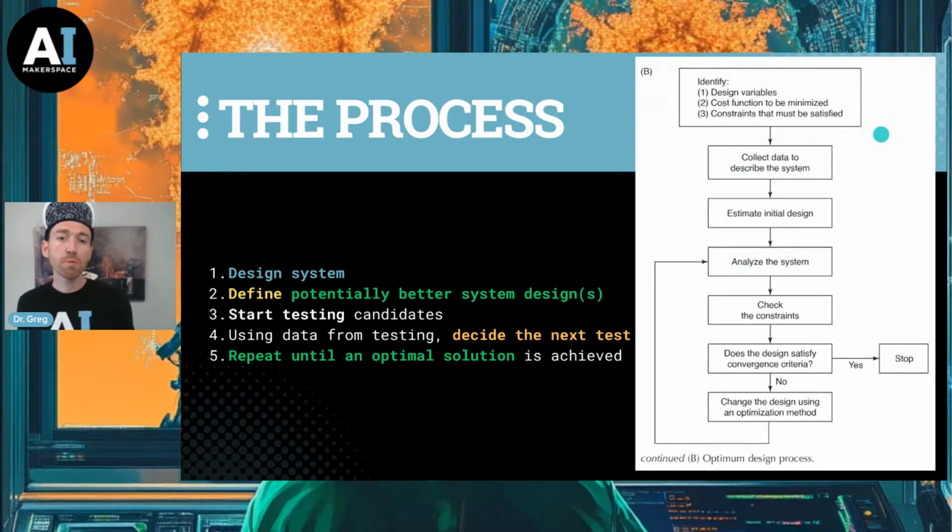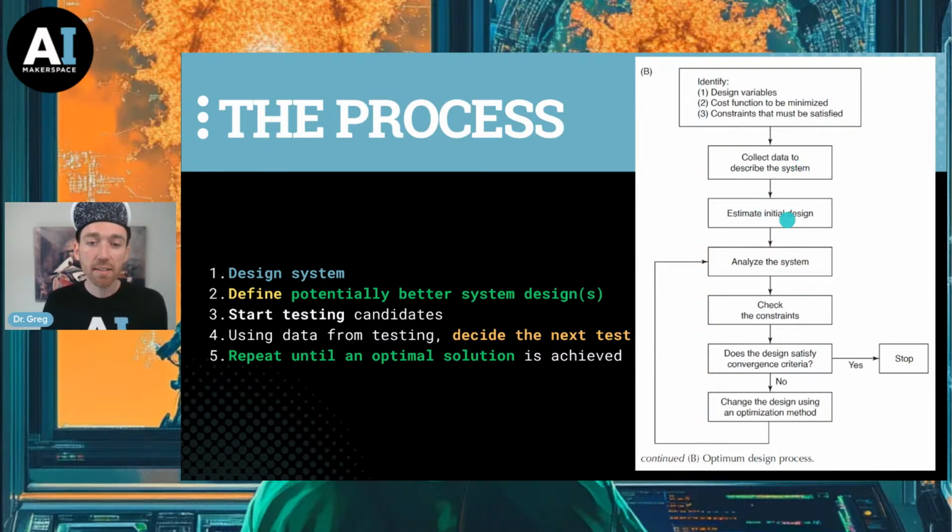And so the actual process here, and this is from a very famous textbook in these circles, Introduction to Optimum Design, you'll notice that this is actually the design optimization process. It's quite simple, actually. We design the system. We identify the design variables, the cost function to be minimized, the constraints we have to satisfy. And then we collect data to describe the system. We estimate our initial design, and then we analyze it.